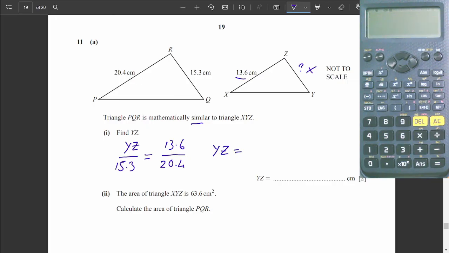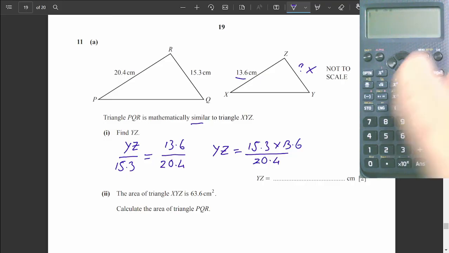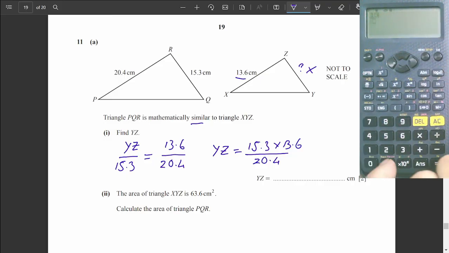First thing is we multiply the 15.3 on the other side. Okay, so we hammer that into a calculator. 15.3 times 13.6 divided by 20.4.